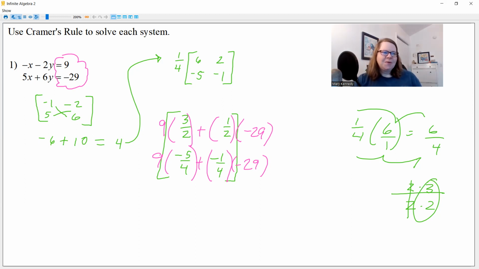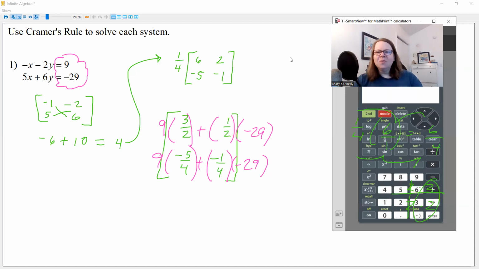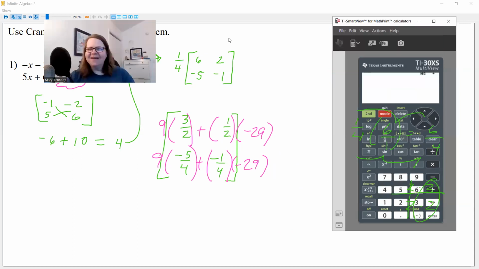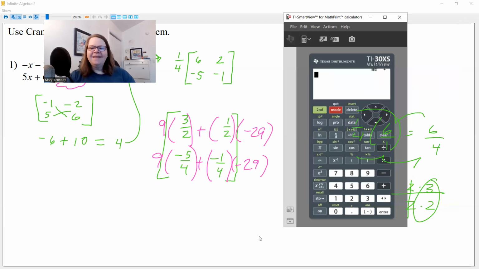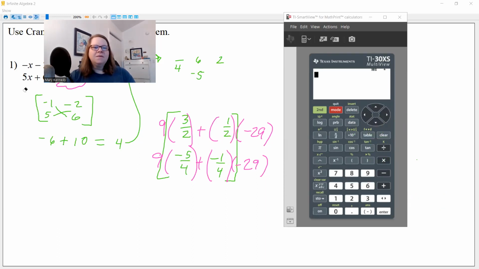Okay, so let me pull up a calculator and let me move myself over again. And how about I erase all that over there? Okay. So now, I love this calculator. This is a great one to have.